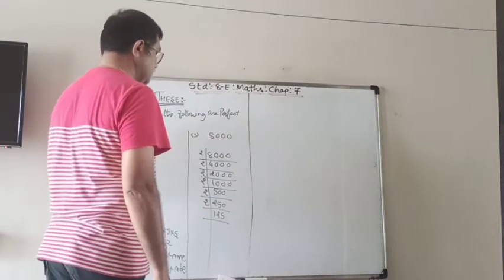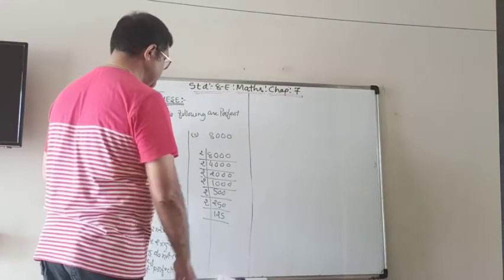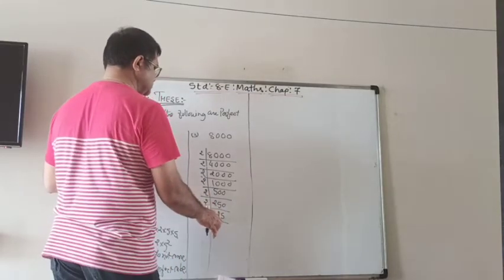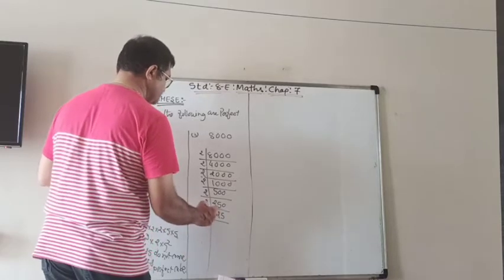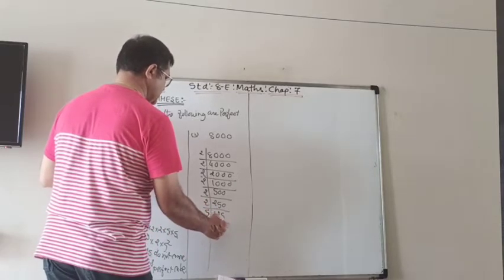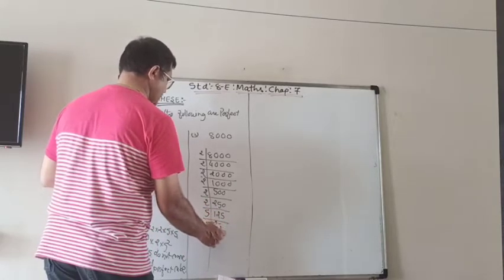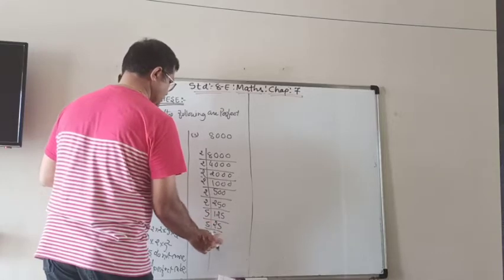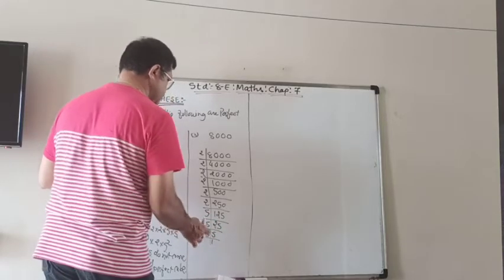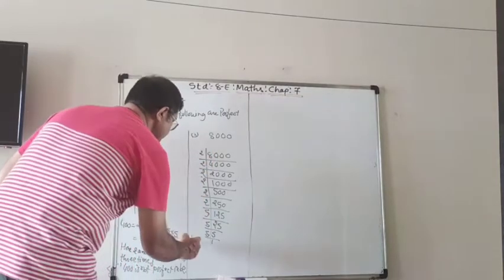Now it is not divisible by 2. Let's check 3. 5, 6, 7, 8. Not divisible. So 5. 25, 5 5s are 25, 5 1s are 5. So 8,000.